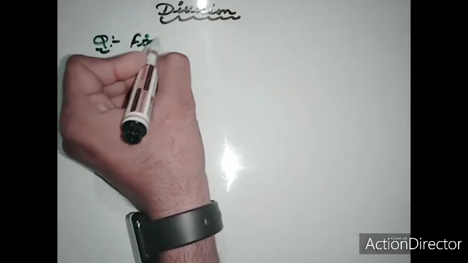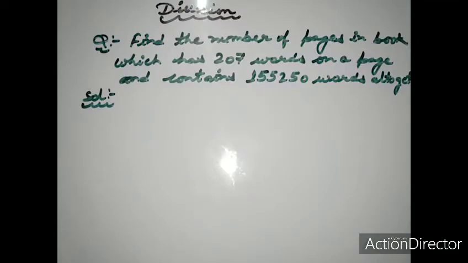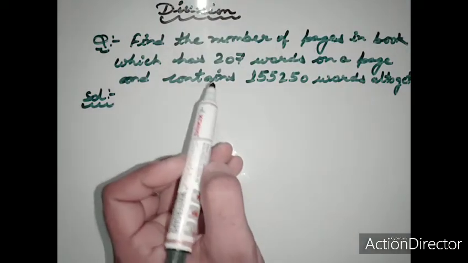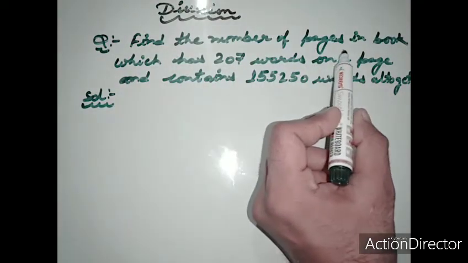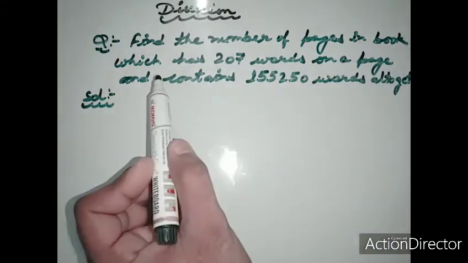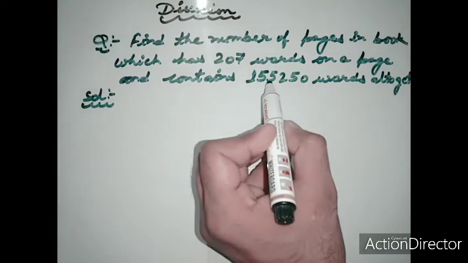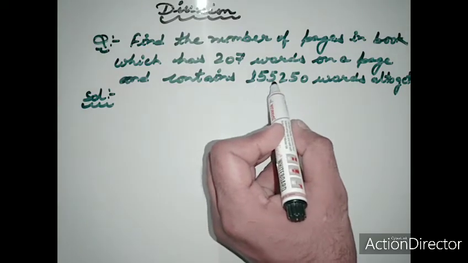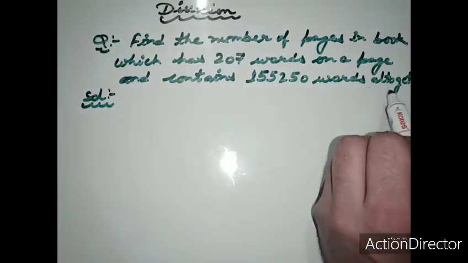Now here we take one word problem related to division. The question is, find the number of pages in a book which has 207 words on a page and contains 1,55,250 words altogether.